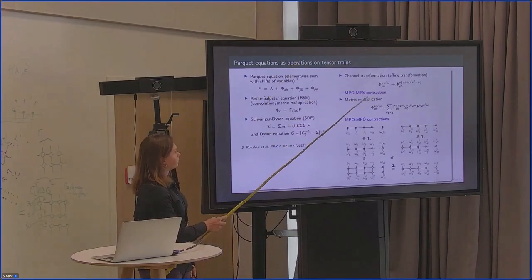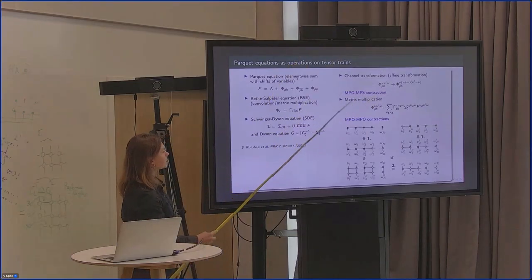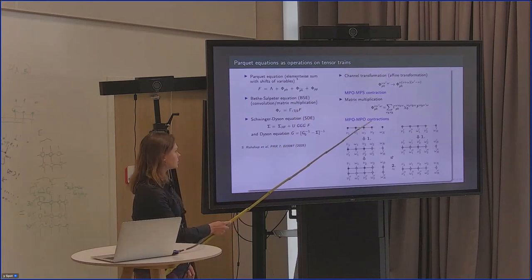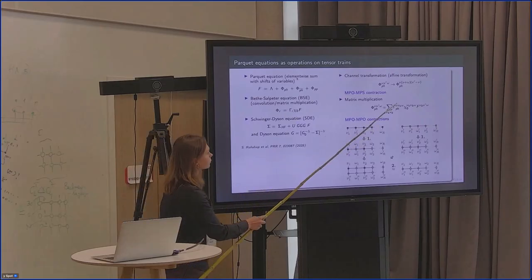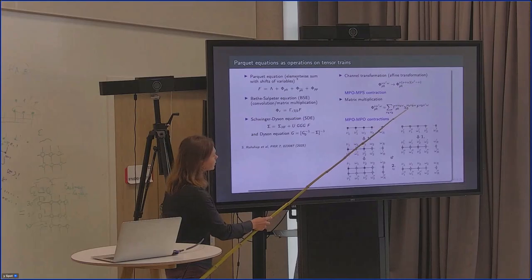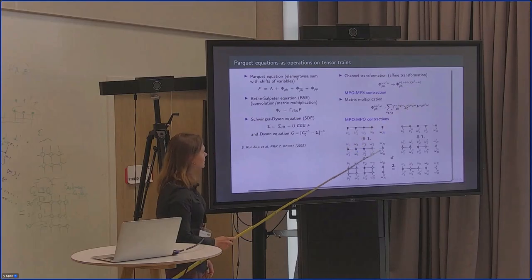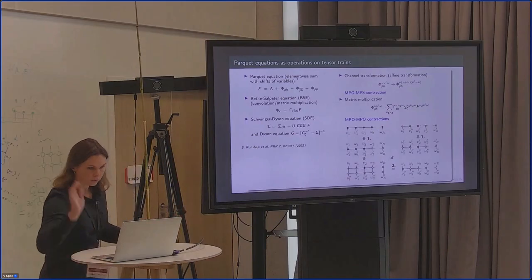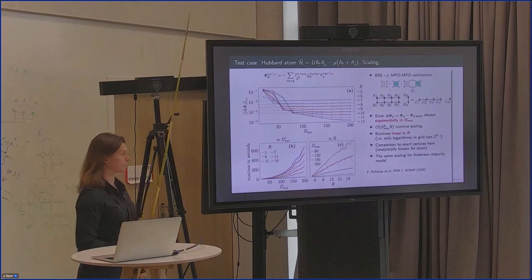And then the Bethe-Salpeter equation can be decomposed into MPO contractions in a slightly more complicated way. It's just because we have the chi0 that is a diagonal one, and we have to add some indices in order to make it work. But this is rather straightforward, so we can look at performance.